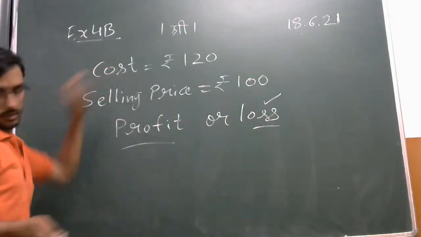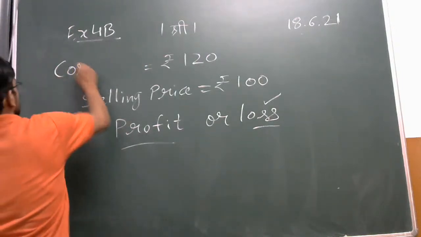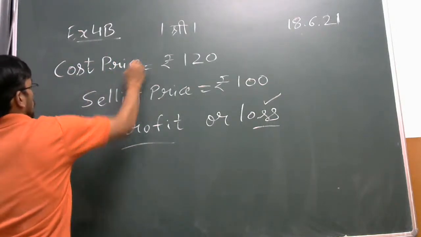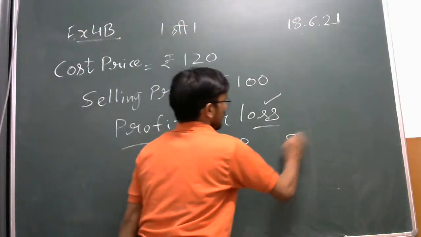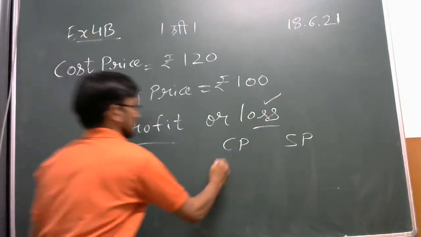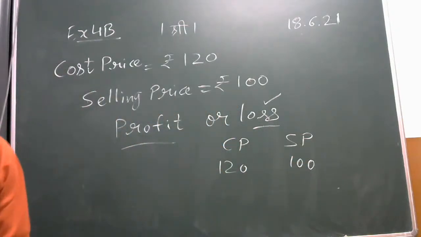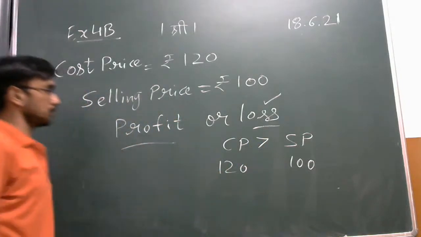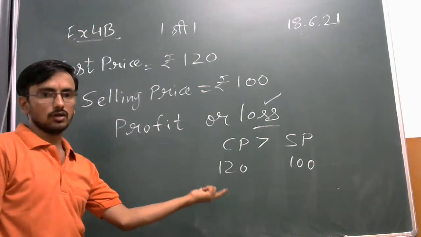Because this cost is nothing but the cost price. Fine, what is this we have? This is the cost price, and the SP. Which is greater, the cost price or the selling price? When we purchase for more, there is a loss of 20 rupees. Very simple thing, the cost price is greater here, so we have faced a loss.